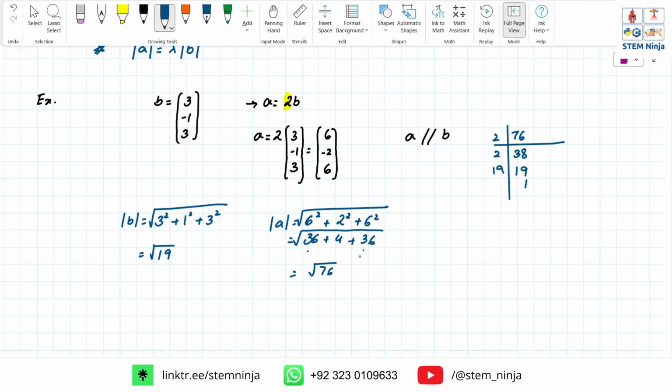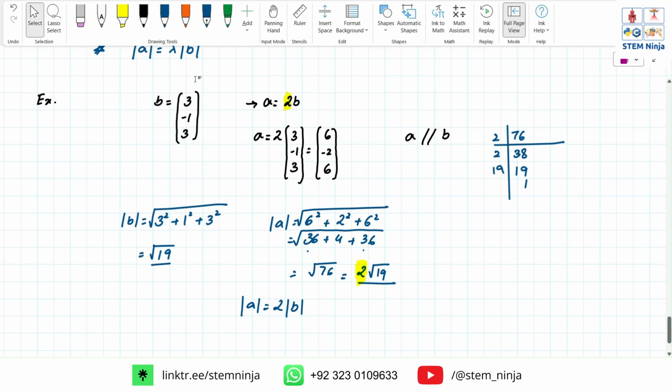So 4 times 19, so we will bring out 2 square root of 19. So as you can see, 2 was the factor. So the magnitude of A is 2 times the magnitude of B. So this is a result that you should already know and not always have to calculate.